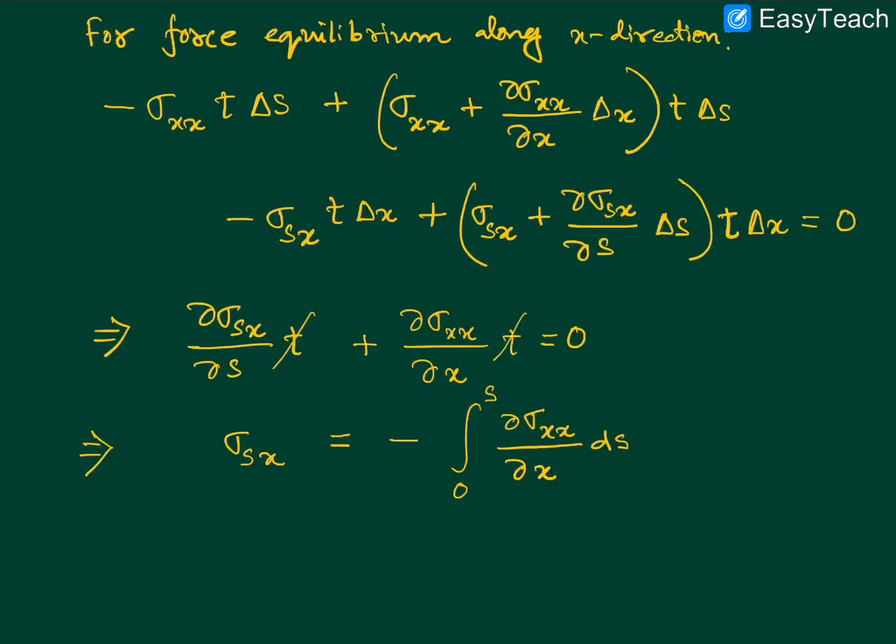Now, if we do this, I have to erase this left hand side and rewrite that again properly like this. We have obtained the sigma sx at the generic point s minus the sigma sx at 0.